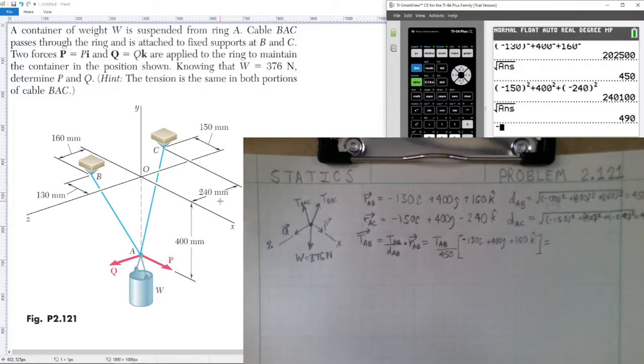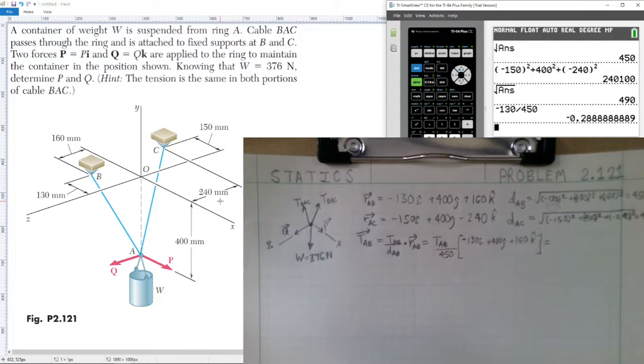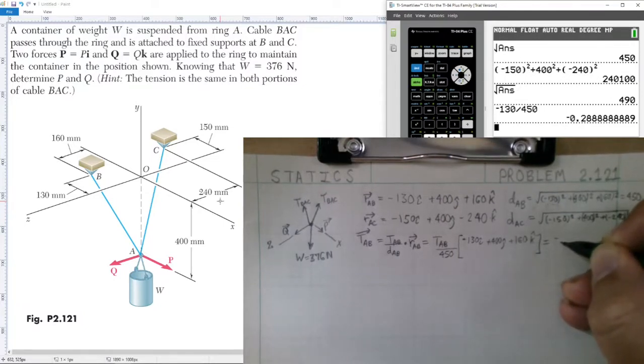So we have negative 130 divided by 450, which gives a value of negative 0.289 times tension AB. We'll put these coefficients in parentheses.